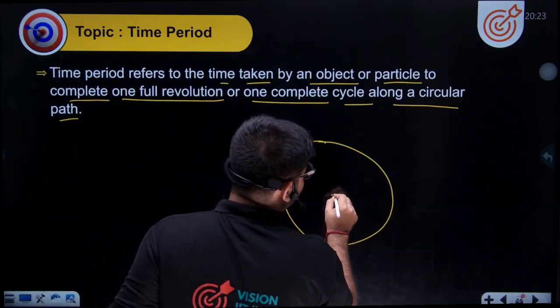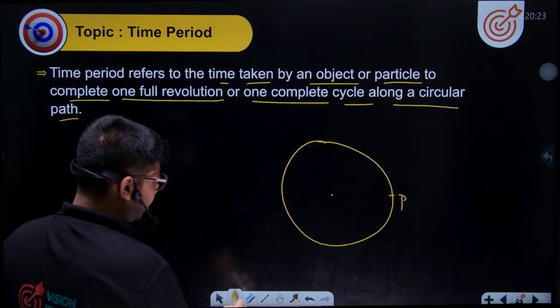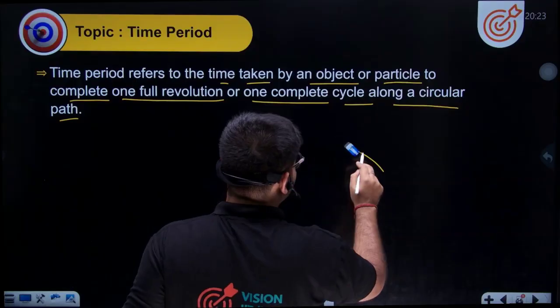Suppose my particle has started from point P, okay? Let me take a proper circle only.